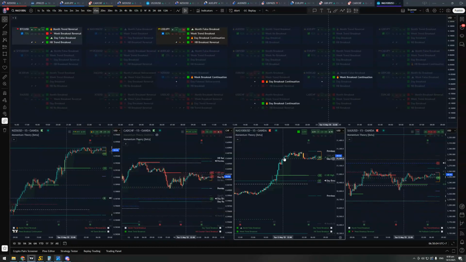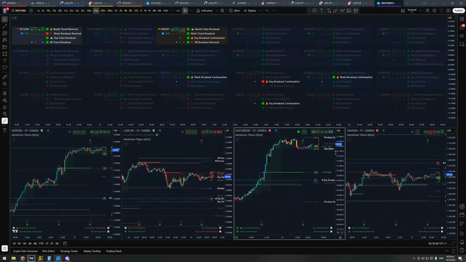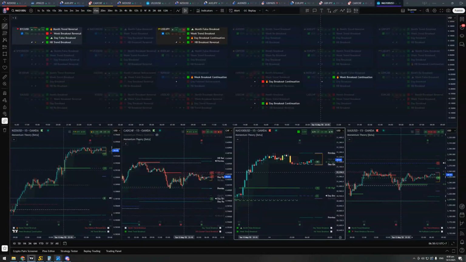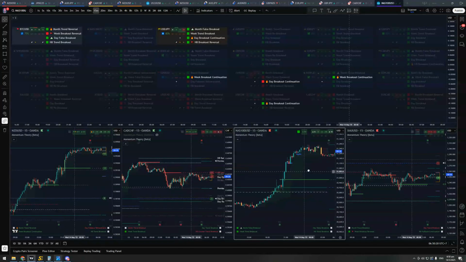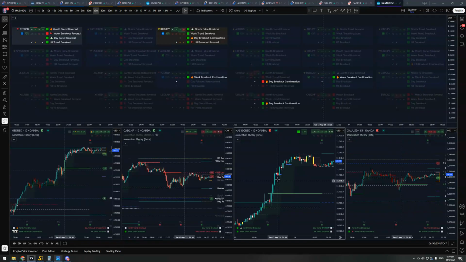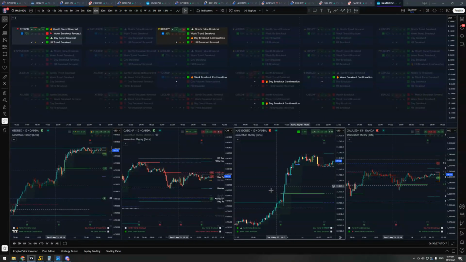All right. And I wasn't able to get a pullback entry on this one. I did get an alert when, I think it was either this one or this one, price came down, faked out the low. But I've said many times that I have a little bit of an issue trying to get in on a move that's already broken out.